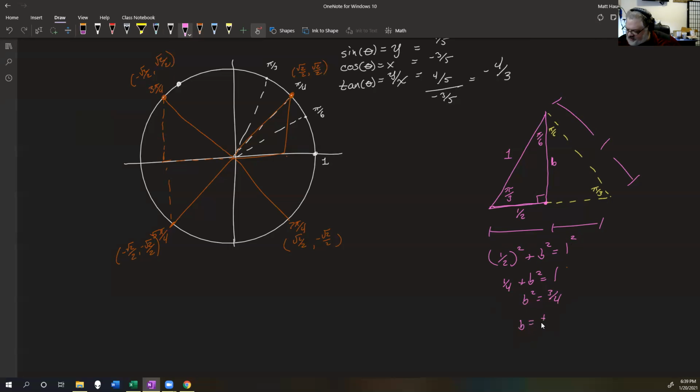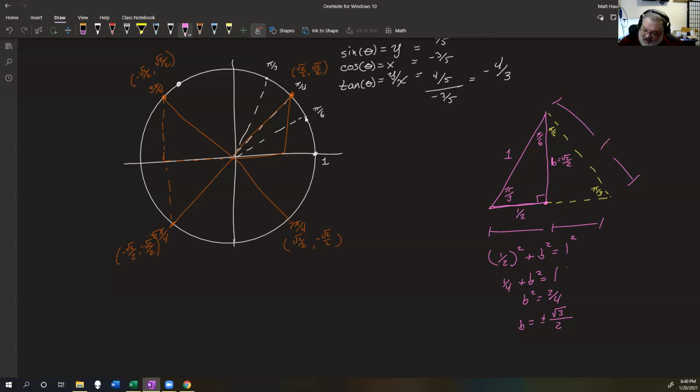So b is equal to plus or minus that thing's square root. Square root of 3 over the square root of 4, which is 2. So in our triangle, we'll just use that square root of 3 over 2. But in our circle, some of them will be positive and some of them will be negative. So it's a neat little trick, the reflection trick for the 30-60 triangle.